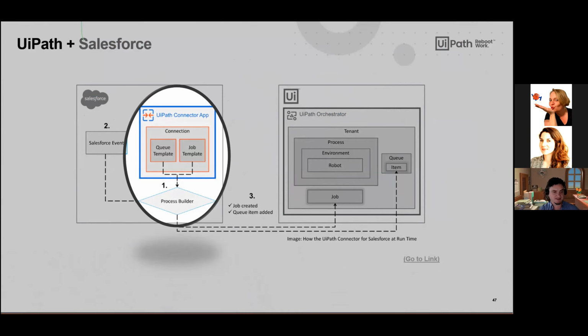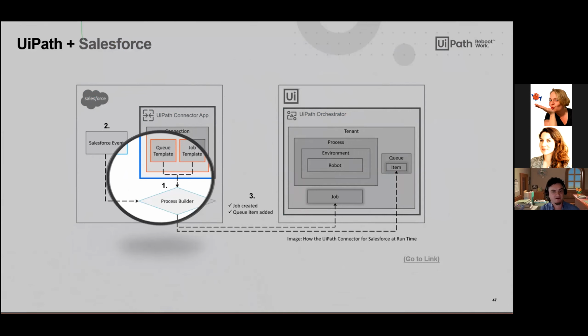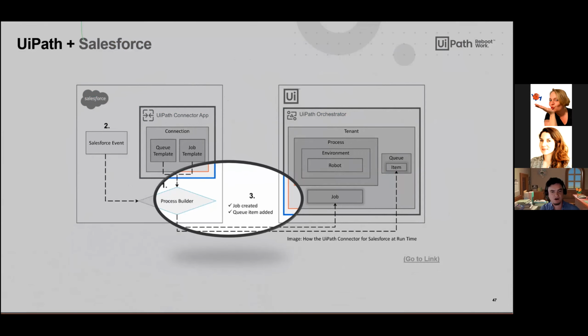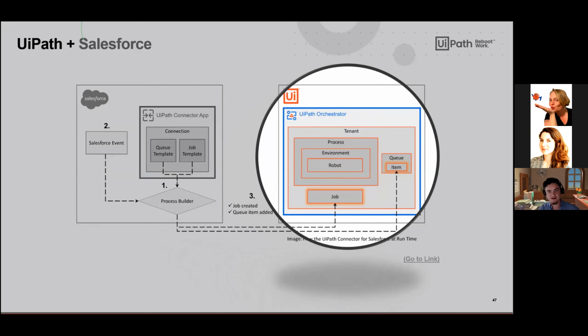The process builder is a very essential piece in Salesforce because whenever an event is happening, for instance, an opportunity closes, with the process builder you can trigger, for instance, to run a job or to queue an item, and this will then be executed by a robot in our orchestrator.